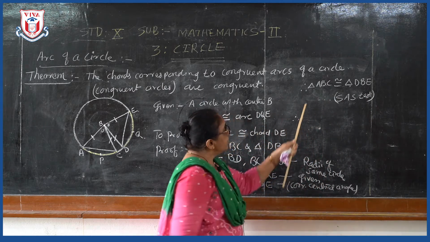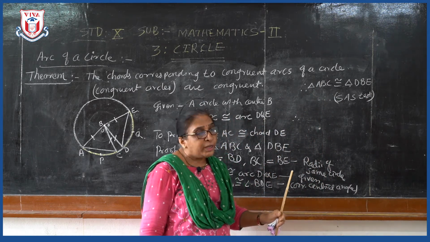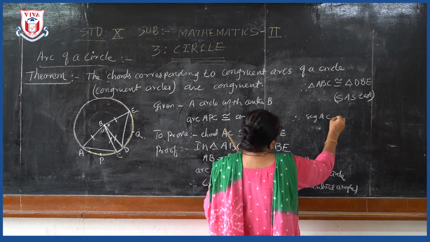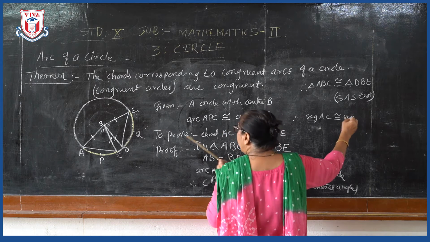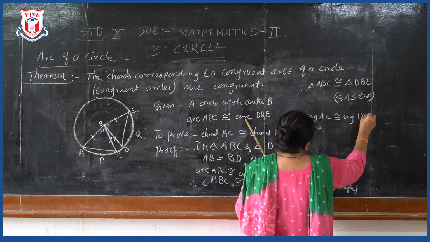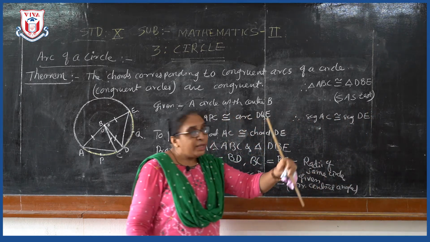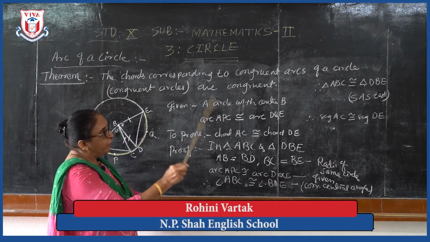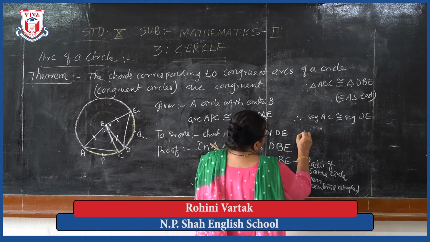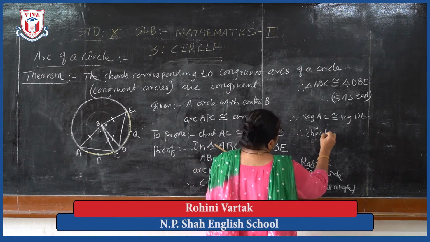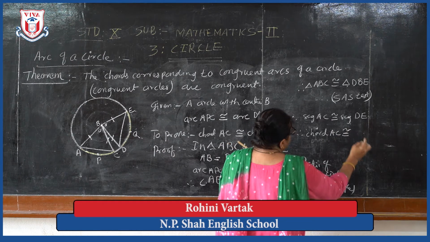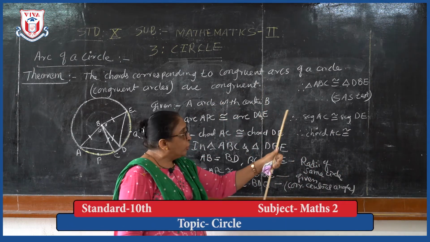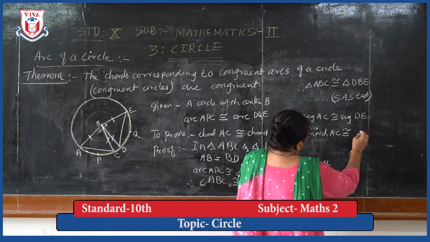Once the triangles are proved congruent, their corresponding sides are congruent. Therefore, segment AC is congruent to segment DE. That means chord AC and chord DE are congruent, we have proved. So in this way, we can prove that chords corresponding to congruent arcs are congruent.